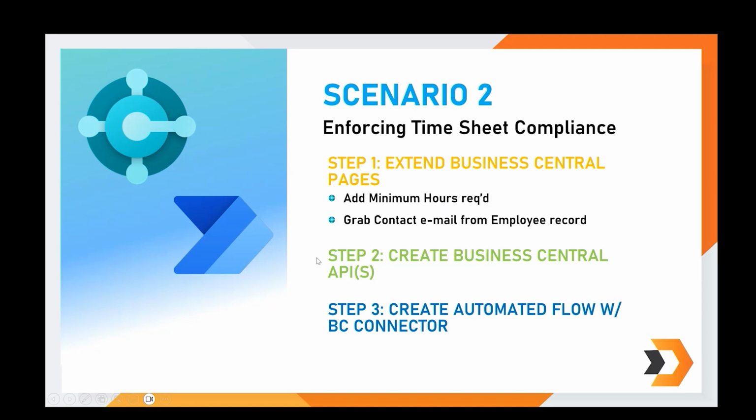One was a minimum hours required that we added on the resource record in Business Central. The second one was a contact email that we store on the employee record in Business Central. And after we added this information, we created some new API pages in BC as well. And then finally, we created the automated flow with the Business Central connector.